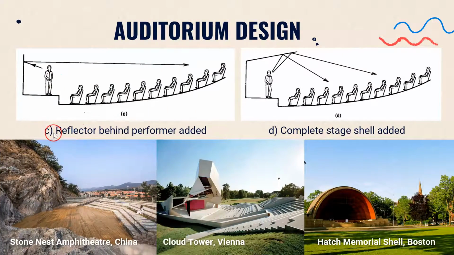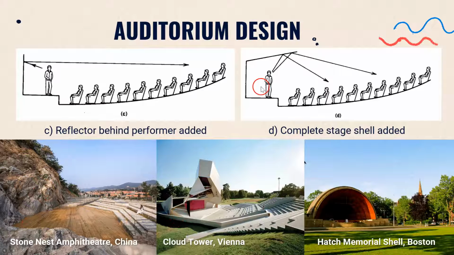The third one is with a reflector behind the performer. So sound will be heard louder because it's reflected here before it reaches the listener's ear. One interesting example is Stone Nest Amphitheater in China, where it used natural stone as a reflector behind the stage.